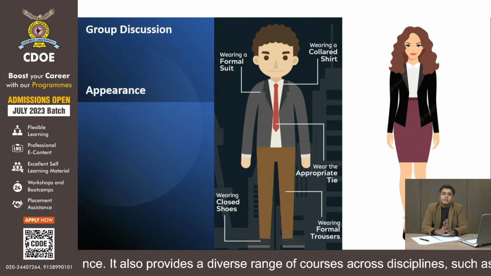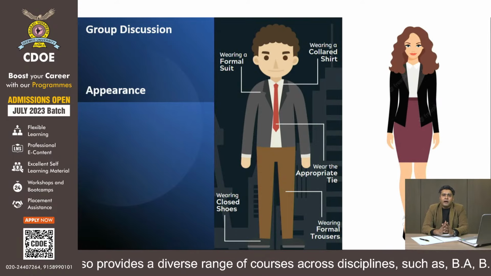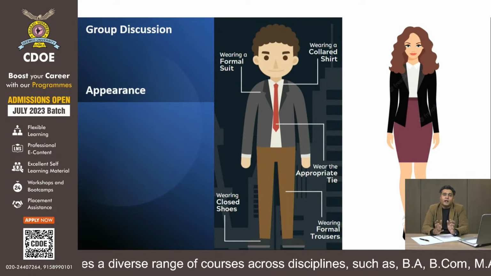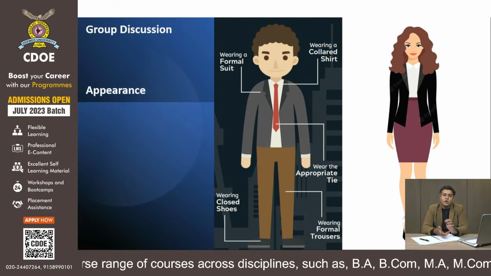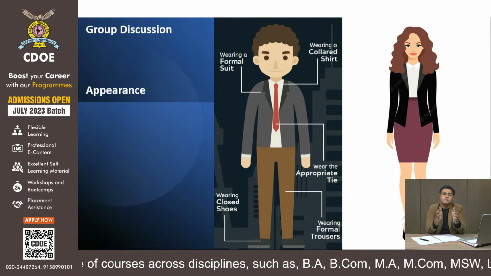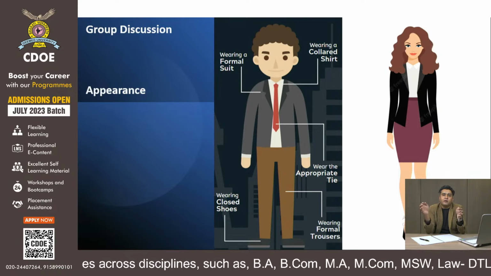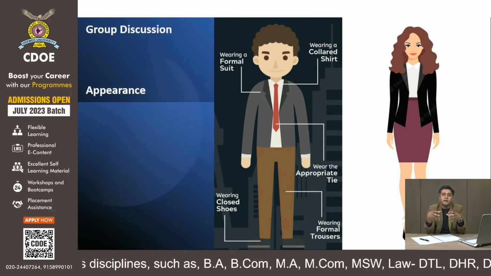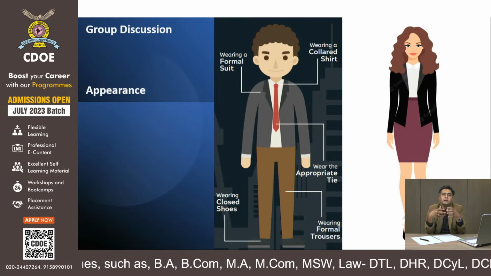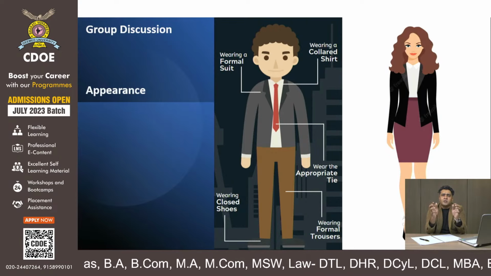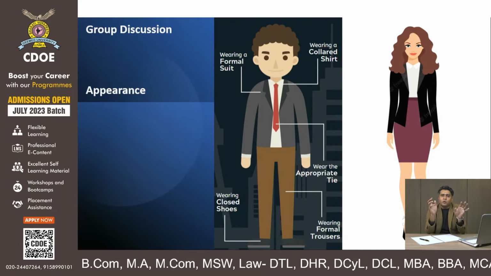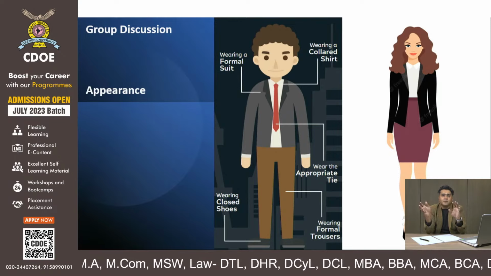Now, last time we discussed personality types, and today we're going to discuss something more aligned to it, which is your appearance. You may have an X personality, and if your appearance is not aligning to it, it may create a distortion between what you're going to talk, who you are, and how you're dressed.